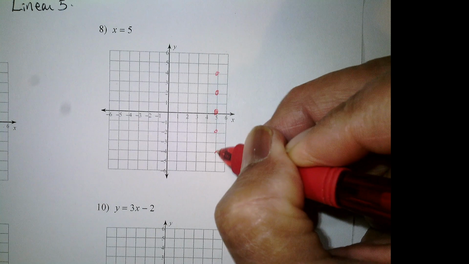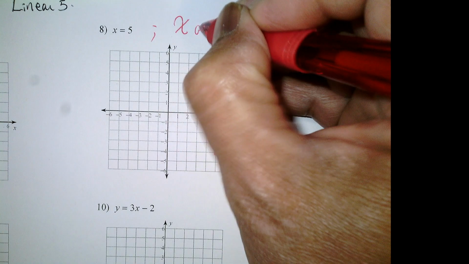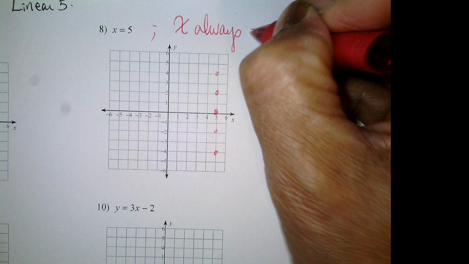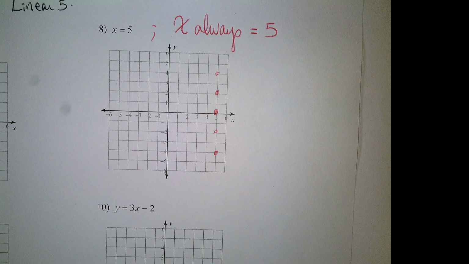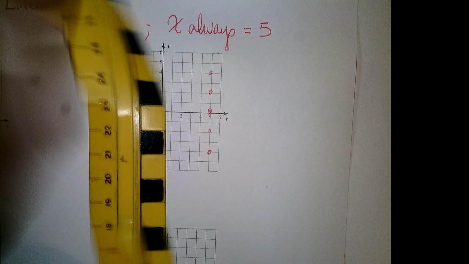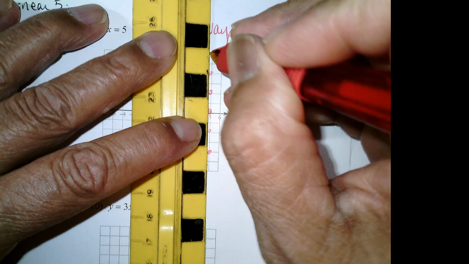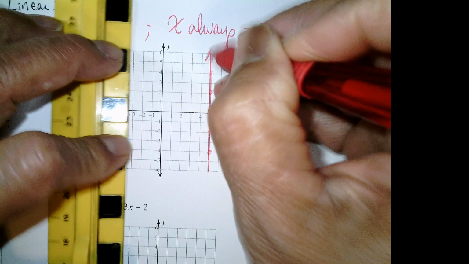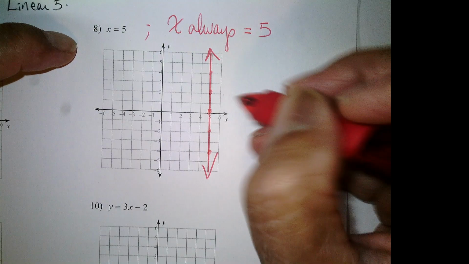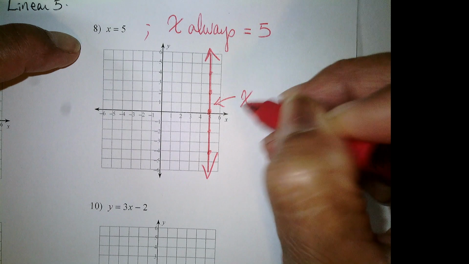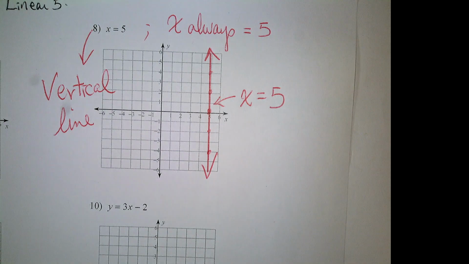All these points at which the X value is 5. And so join these points. And this line here satisfies this condition. X always equal 5. And the outcome is a vertical line. Okay, vertical line.